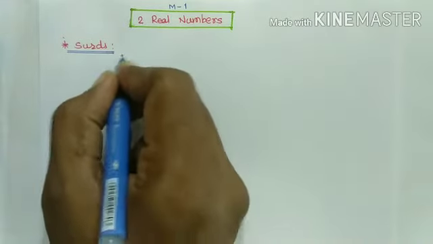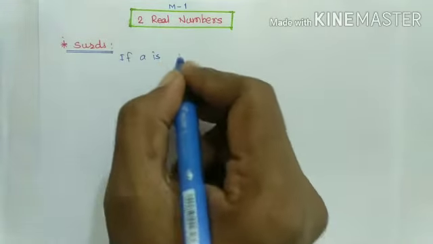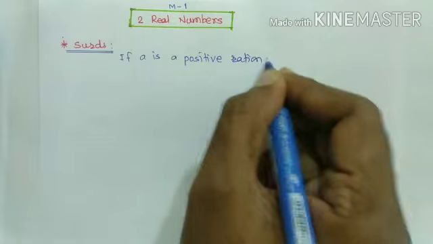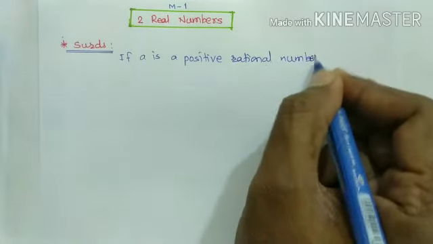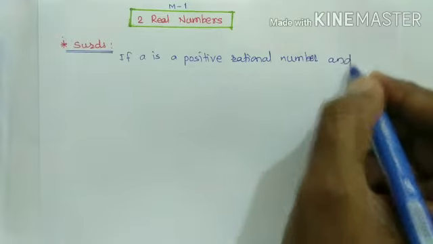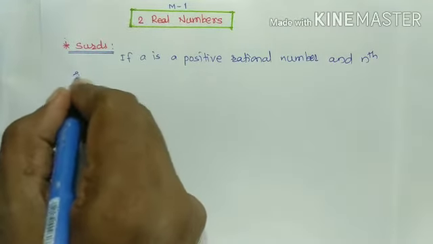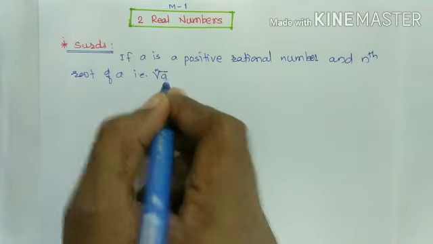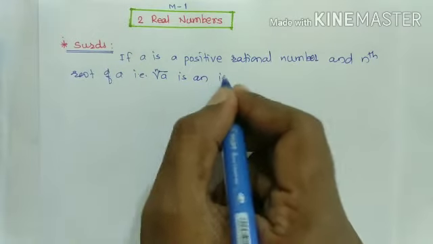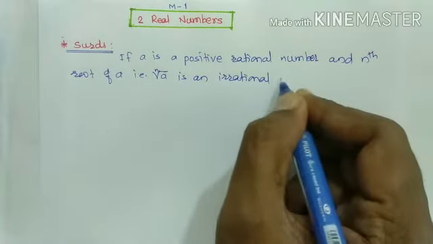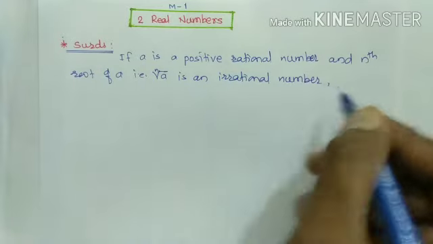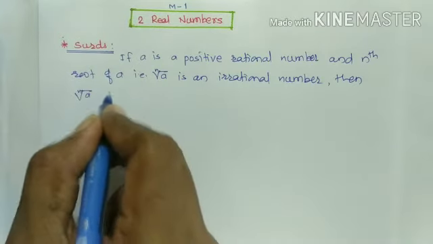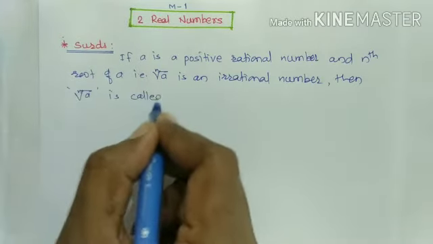See, if a is a positive rational number, and the nth root of a is an irrational number, then this nth root of a is called a surd.